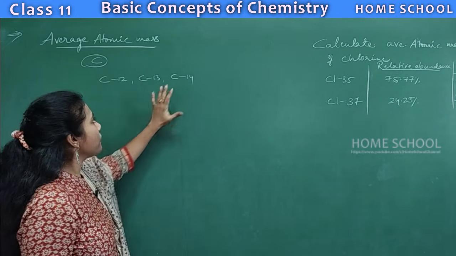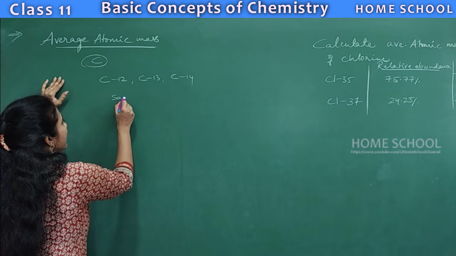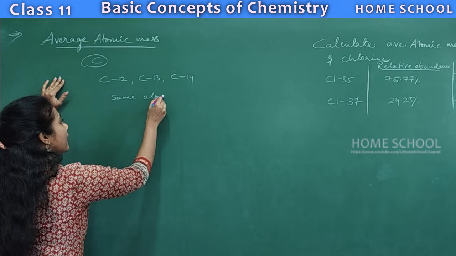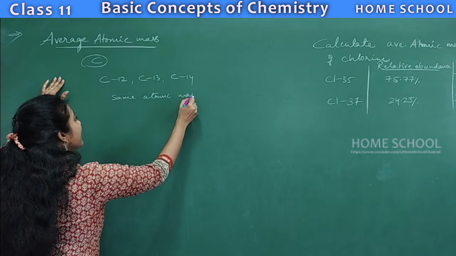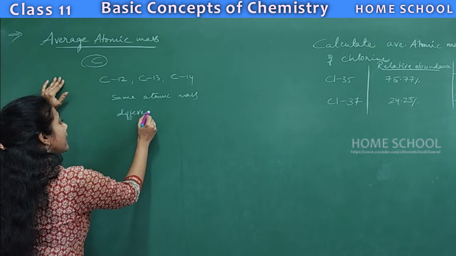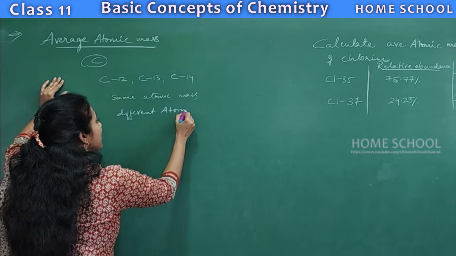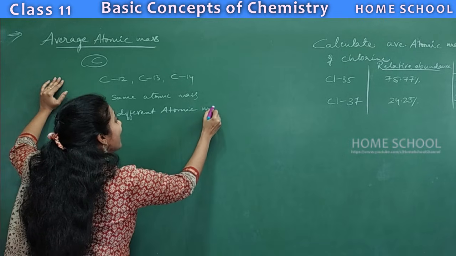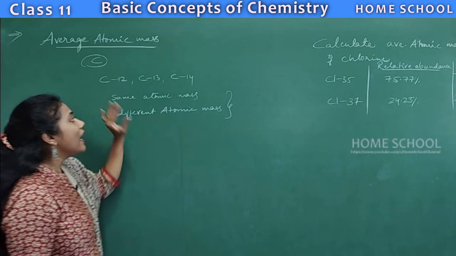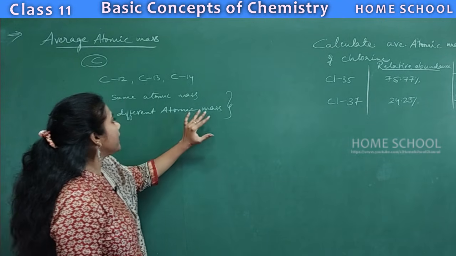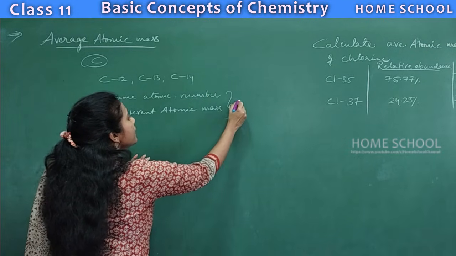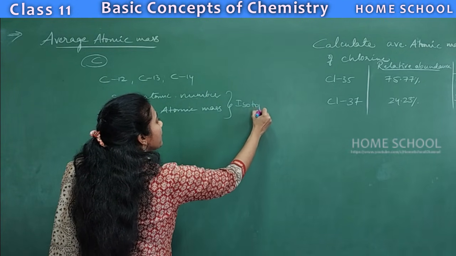All the different forms of carbon have the same atomic number, but they have different atomic masses. So that's the reason they are called isotopes, right? The atoms of an element having the same atomic number but different atomic mass are called isotopes.